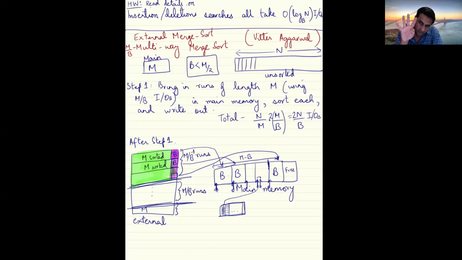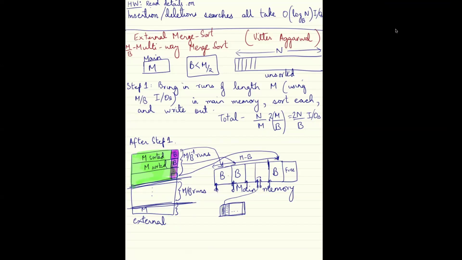Smallest finger, and you write it out, and move that finger right by one. Now that will go directly to the external memory again.